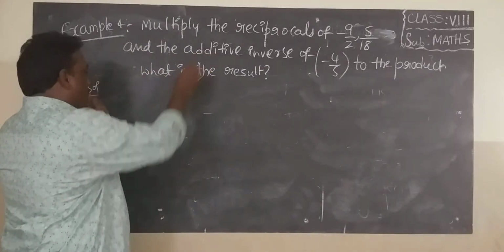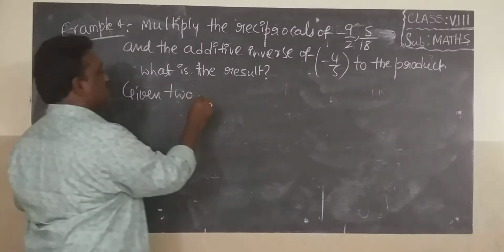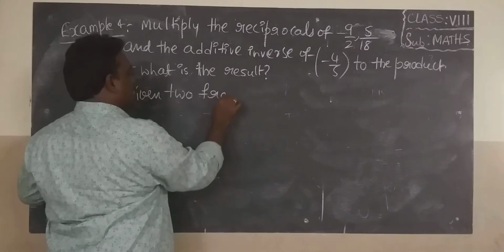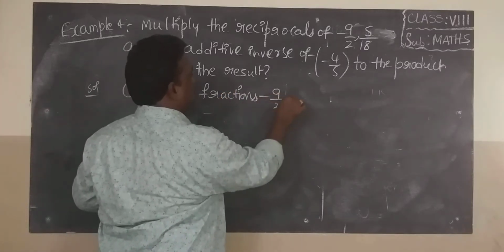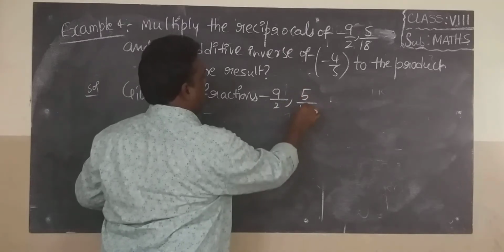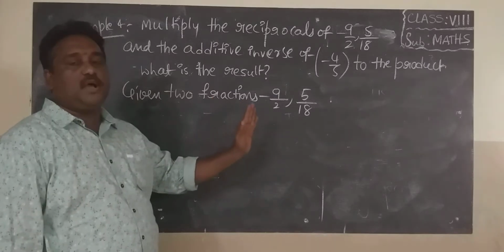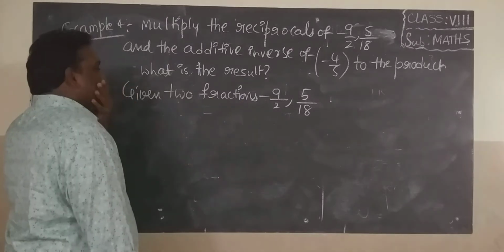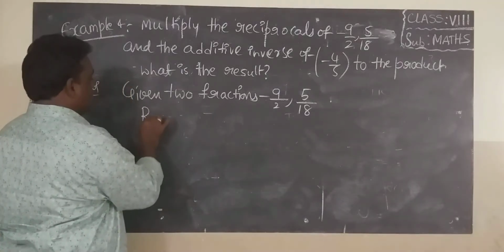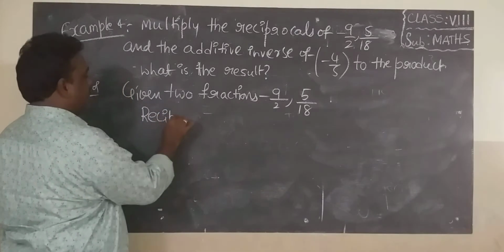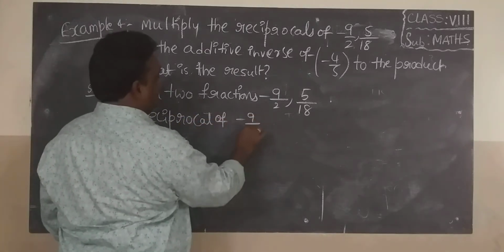First, given 2 fractions: minus 9 by 2, comma 5 by 18. Then what to write? Write the reciprocal of minus 9 by 2.